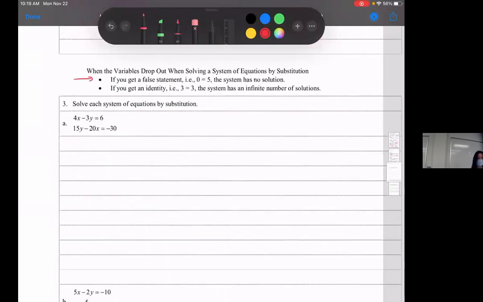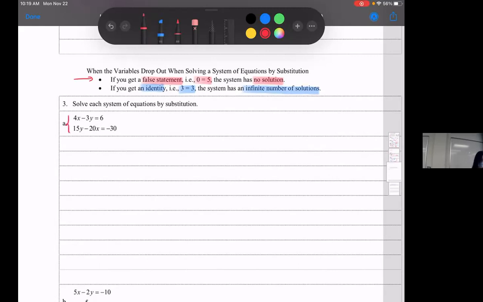If you have a statement, for example, 0 equals 5, that's a false statement. Therefore, we say the system has no solution. A false statement means no solution. If you get an identity, for example, like 3 equals 3, that's a true statement, so the system has infinitely many solutions.